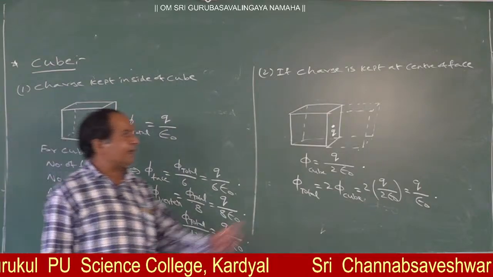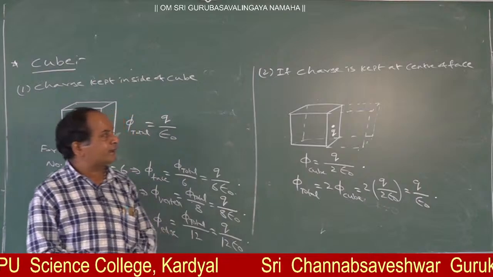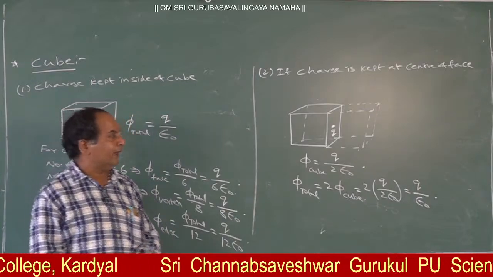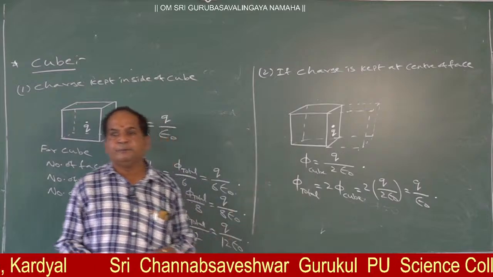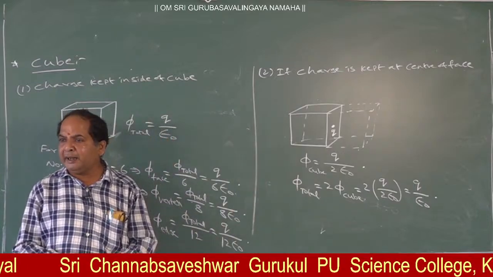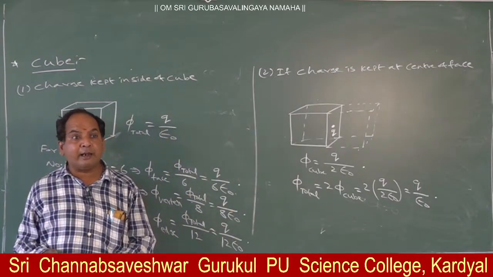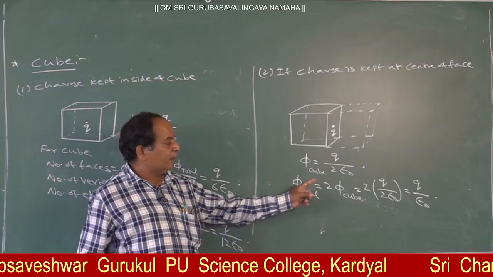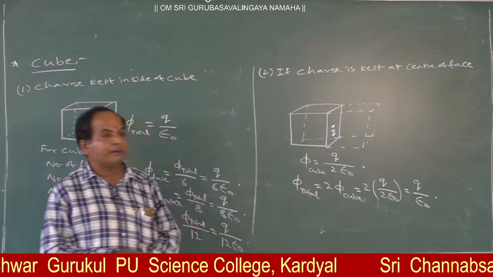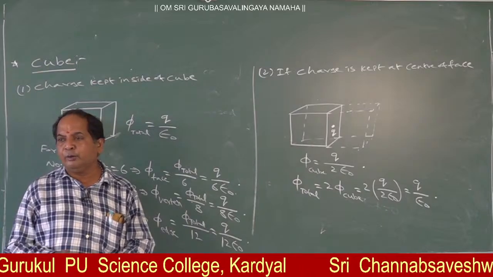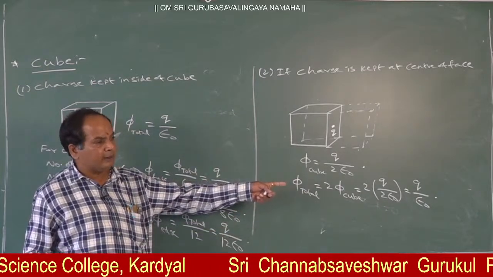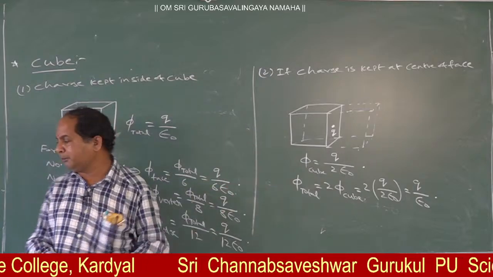But that flux is shared by 2 cubes. That's why due to each cube, the flux is Q by 2 epsilon naught. The total flux remains constant: 2 into phi cube, that means 2 into Q by 2 epsilon naught. So total again Q by epsilon naught.